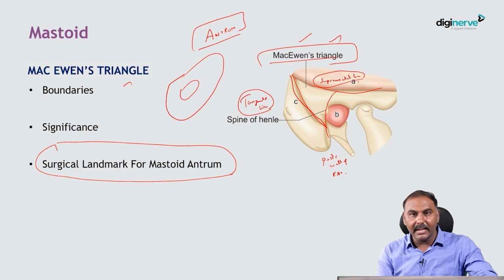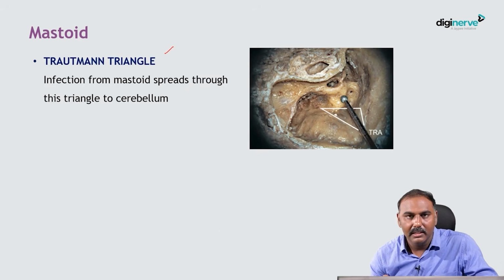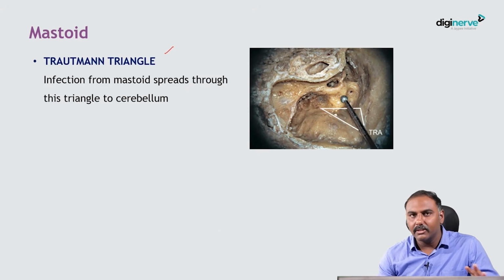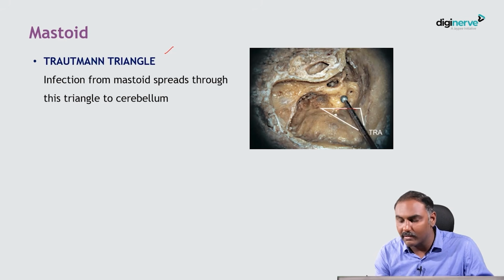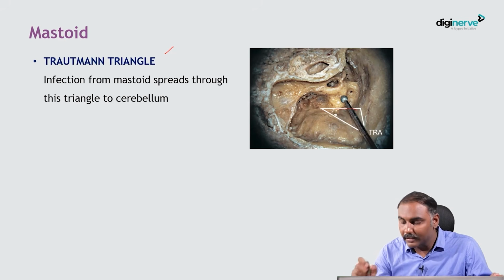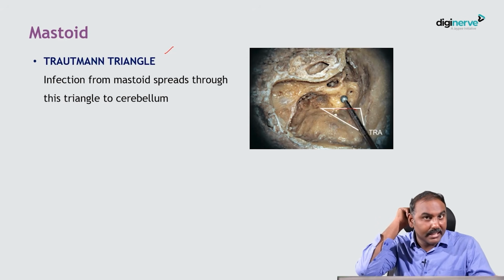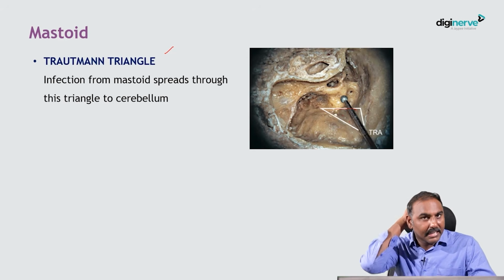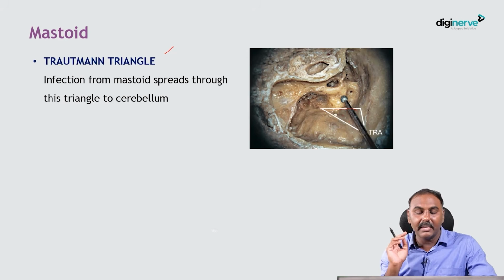And we have one more triangle, we call it Trotman's triangle. Have it in mind, the boundaries are not important in this. After doing a mastoidectomy, we find a weak spot in the posterior wall of the mastoid through which infections from the mastoid process can go up to the cerebellum, creating a brain abscess. Again, the most common abscess is the cerebellar abscess.